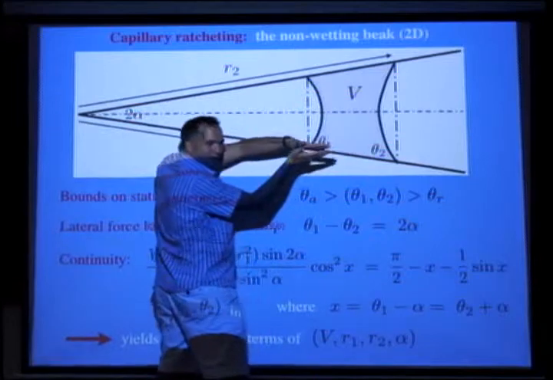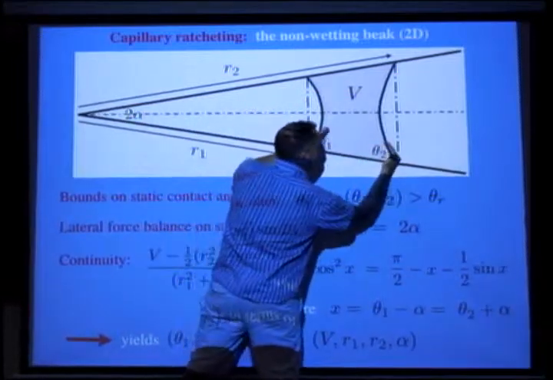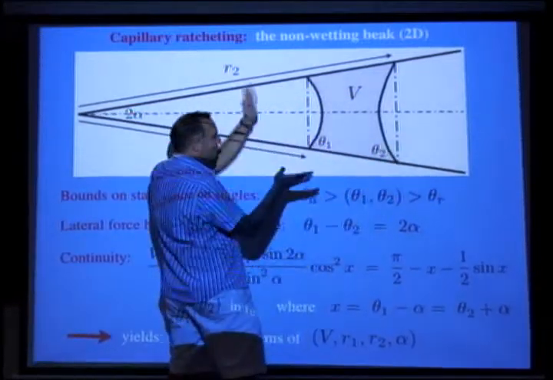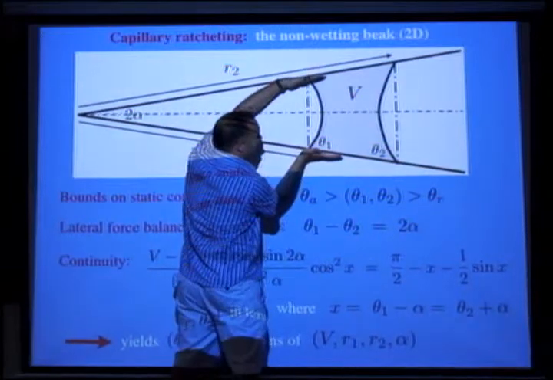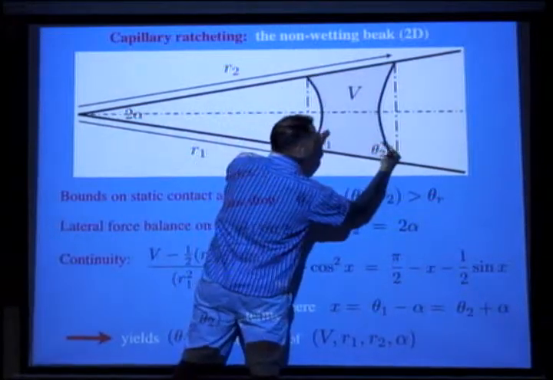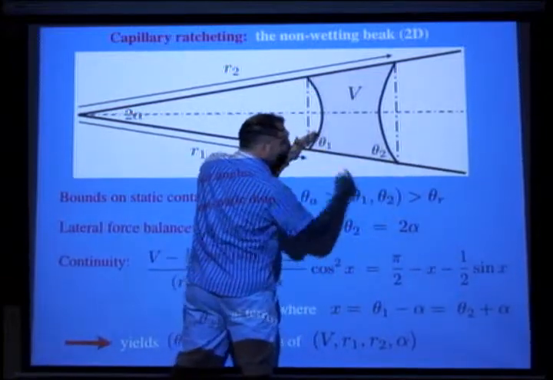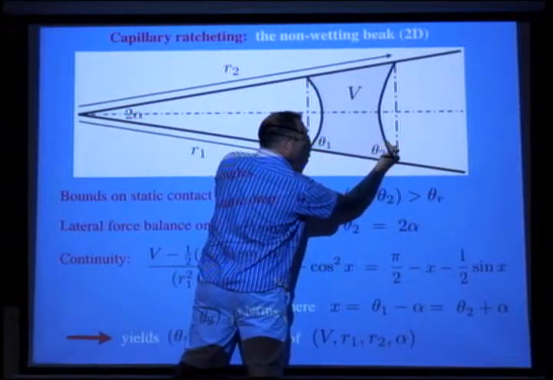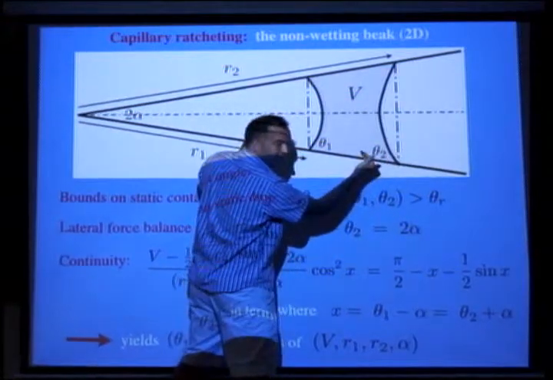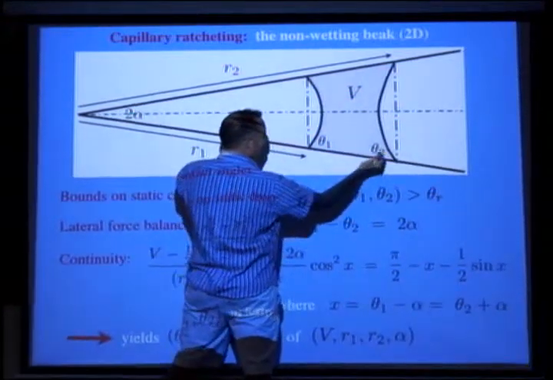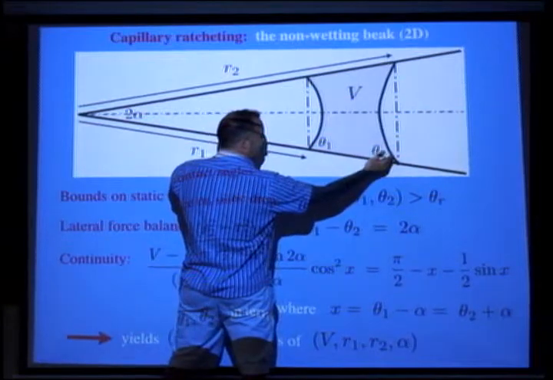Let's be clear about this. As we close it for the first time, both of them are going to want to go like that, right? But this one, because of this constraint, hits the advancing angle first, so it starts moving before the other one does. And so then you want to stop before the other one starts moving.